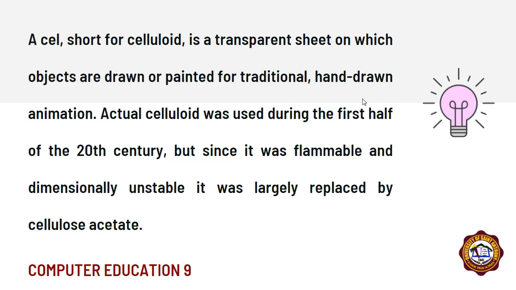Tapos yung tawag dun sa papel is a cell or celluloid. So, actual celluloid was used during the first half of 20th century. But since papel nga siya, it was flammable and dimensionally unstable, it was largely replaced by cellulose acetate.